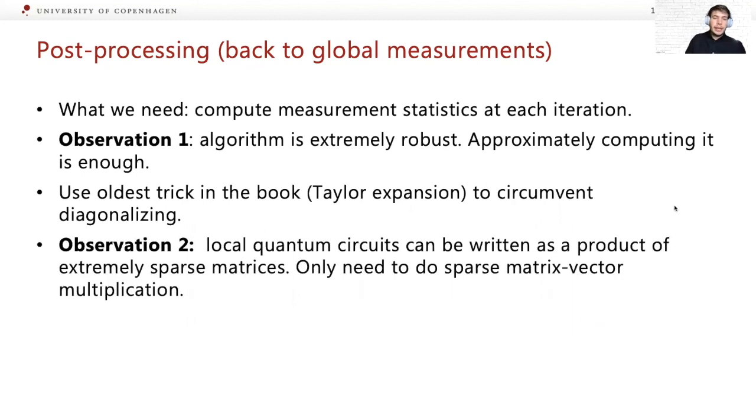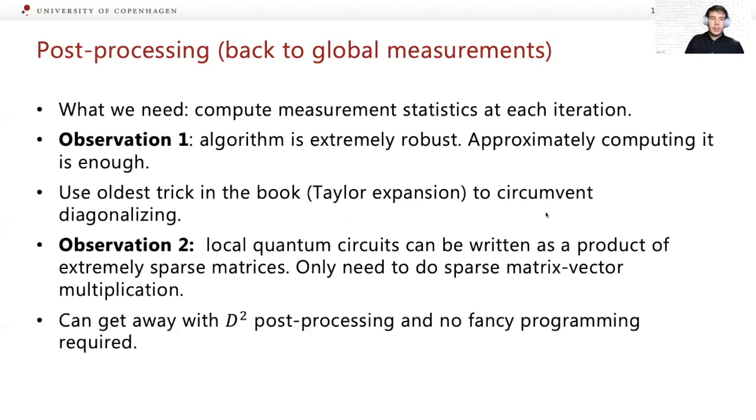On top of that, you can use the fact that all the matrices involved are very sparse to do this Taylor approximation very fast, in the sense that instead of dense matrix-vector multiplication, you can just do sparse matrix-vector multiplication, which gives us the d squared scaling in the post-processing instead of the d cubed if you had dense matrices involved.